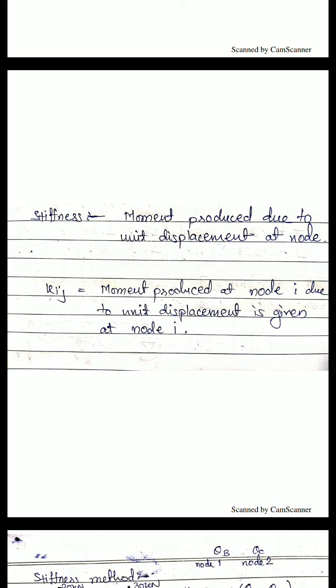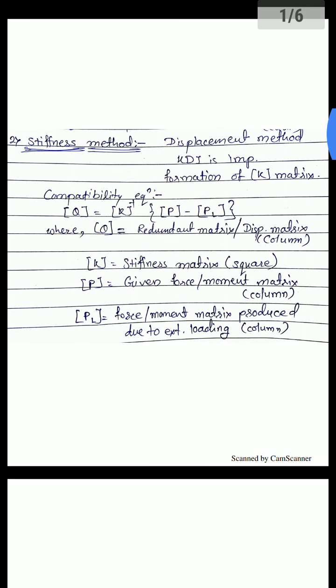So the moment is produced at node I due to unit displacement given at node J. That means the second index J is where the unit displacement is given. That will be equal to Kij, and from that you have to find each and every element of your K matrix, and finally use the compatibility equation to find the unknown redundants.